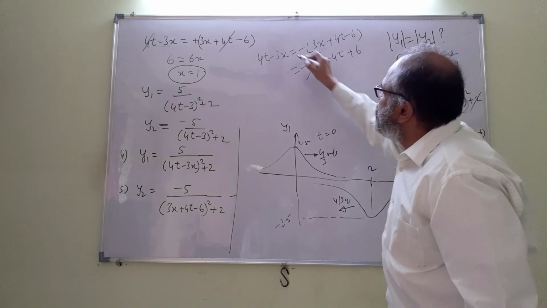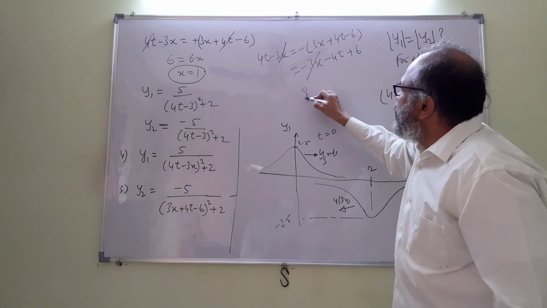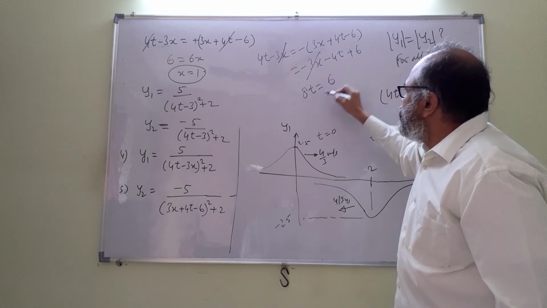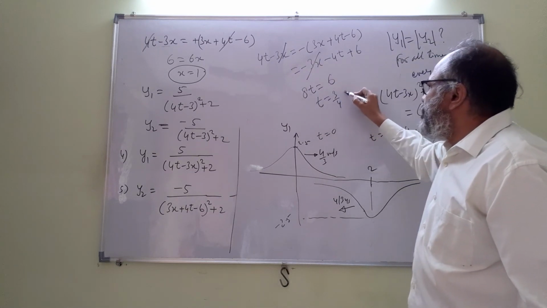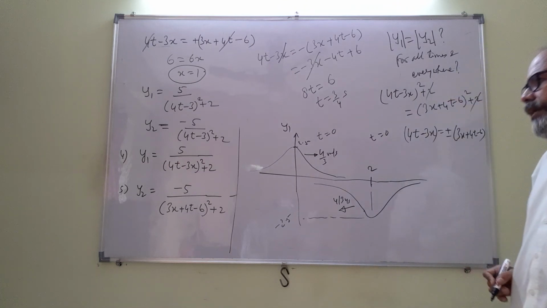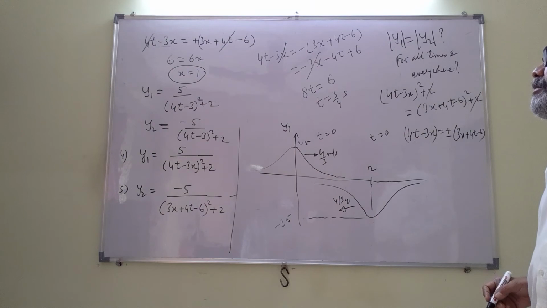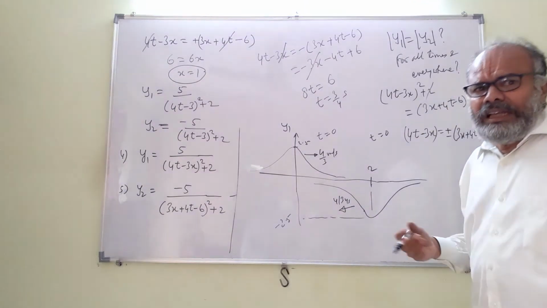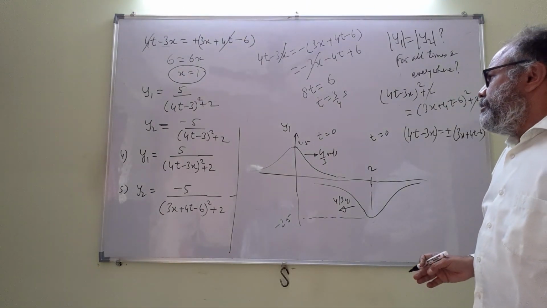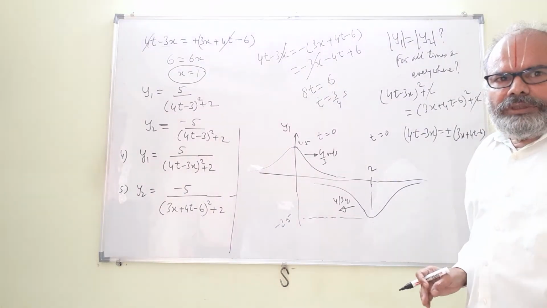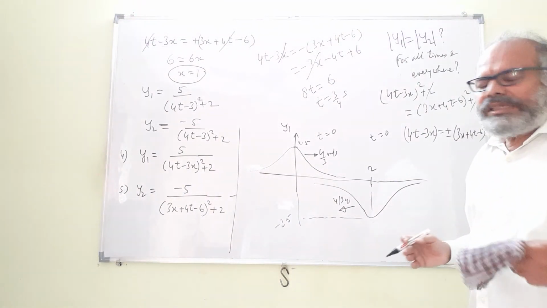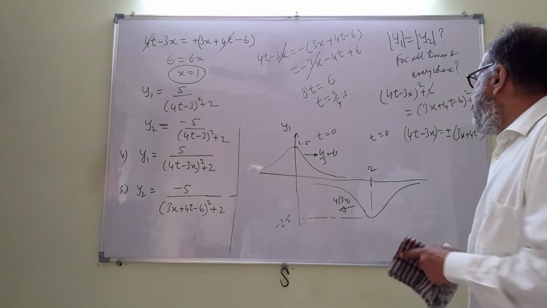So 3x will cancel and you get 8t equal to 6, or t equal to 3 by 4 seconds. So at t equals 3 by 4 seconds, whatever be the value of x, y1 and y2 will be equal and opposite, and the two pulses will cancel each other.